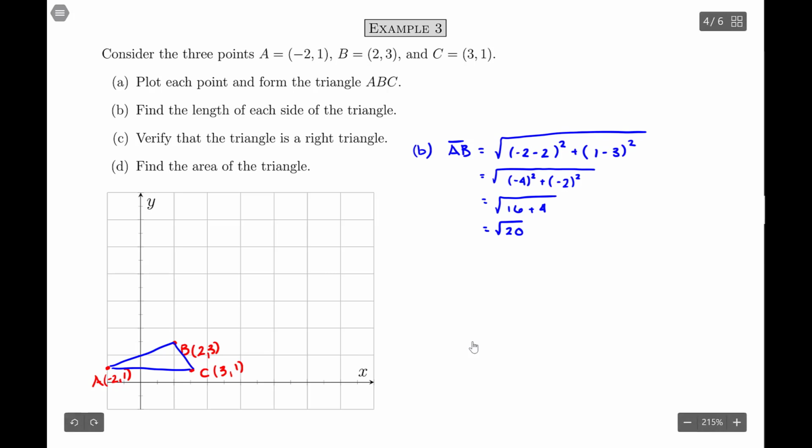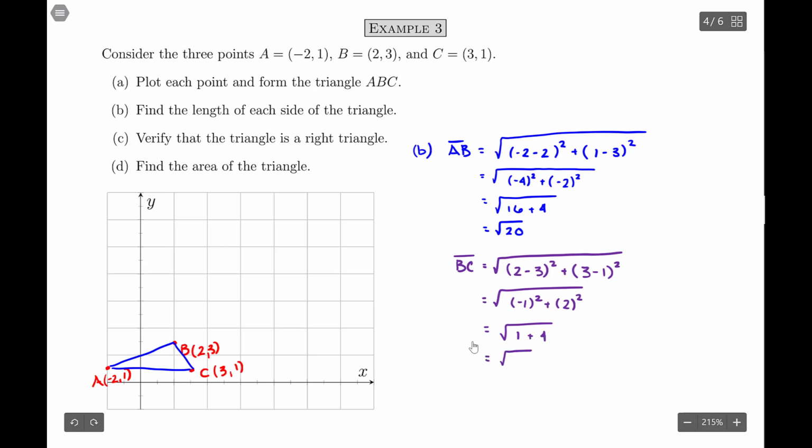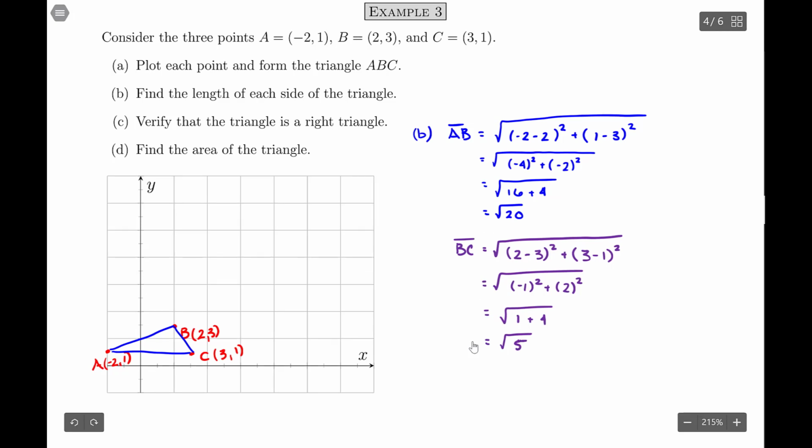Now let's look at the distance from B to C. It's going to be 2 minus 3, quantity squared, plus 3 minus 1, quantity squared. We get -1 squared is +1, and 2 squared is 4. So the distance between these 2 points is the square root of 5.